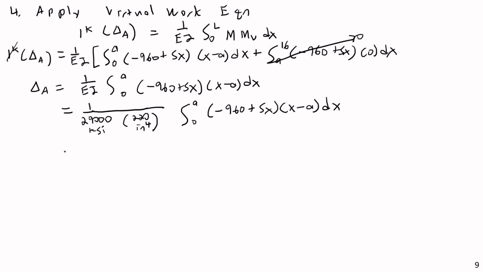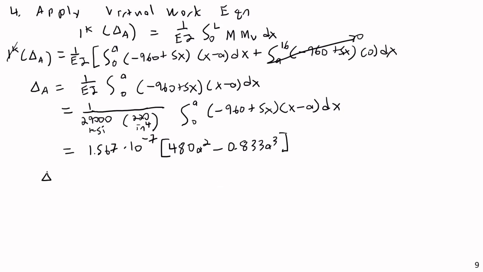And multiplying all this out, I will get 1.567 times 10 to the negative 7. And this integral, if you work this out, carrying a through, we'll get a final integral of 480a squared minus 0.8338a to the 3rd power.